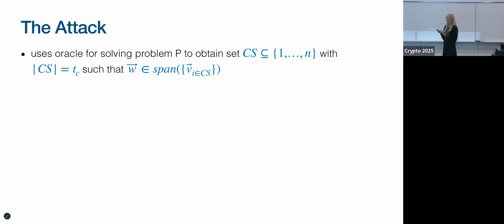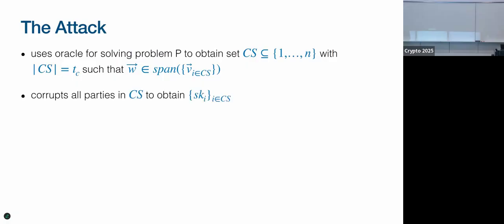Now you notice that with Oracle access to the problem P, the adversary can obtain this corruption set CS that has size TC such that this W is in the span of these VIs. So once it obtains that set CS, it can simply corrupt that set of parties.